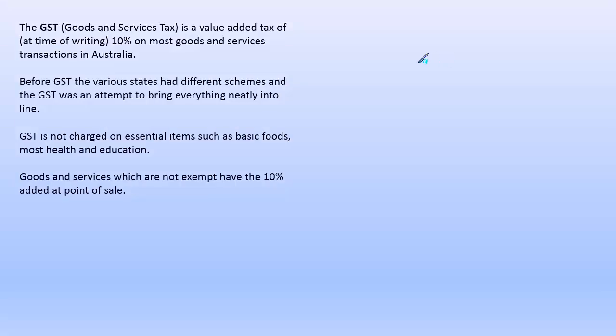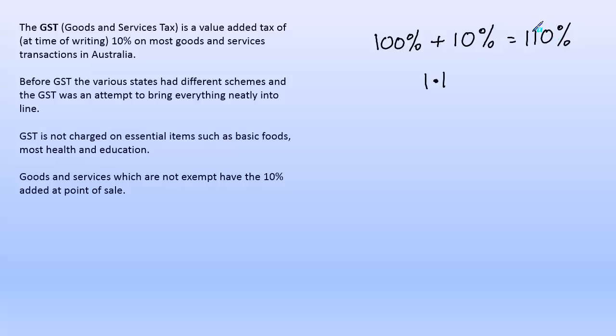Now remember, if we consider the original price to be 100%, GST adds 10%, giving us 110%. Now, if we change that to a decimal, that will be 1.1.